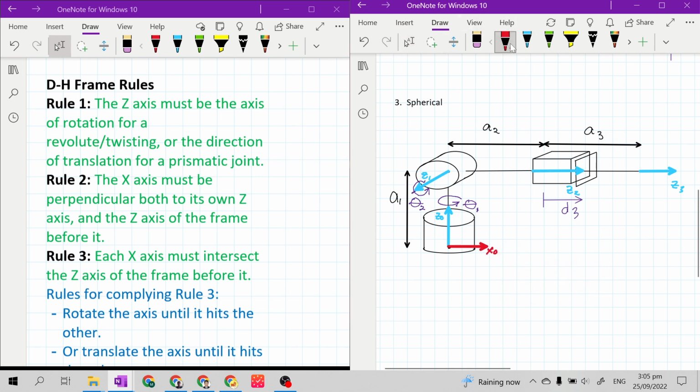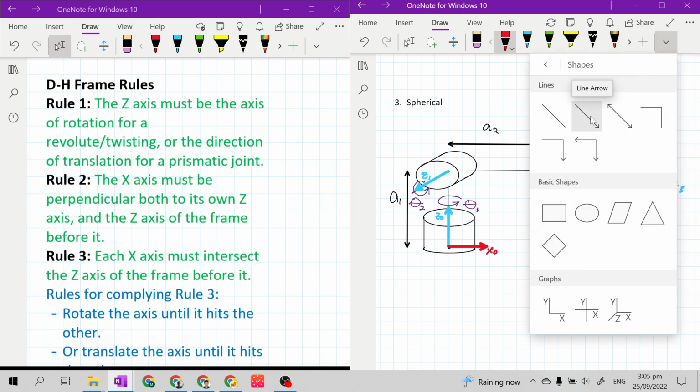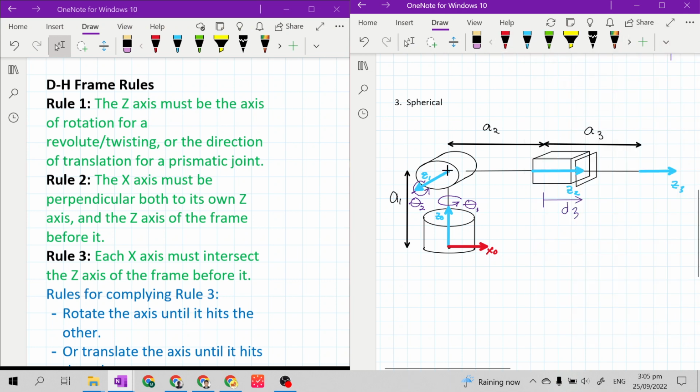Next, for our x sub 1, now we have z sub 0 before the frame of x sub 1 and z sub 1. Okay, z sub 0 is pointing upward while z sub 1 is pointing forward.